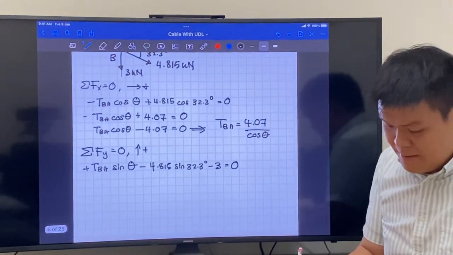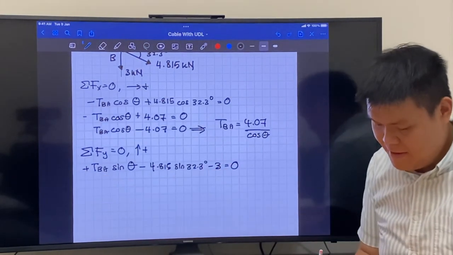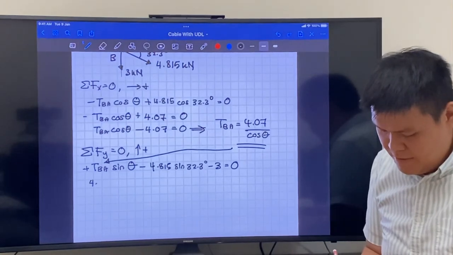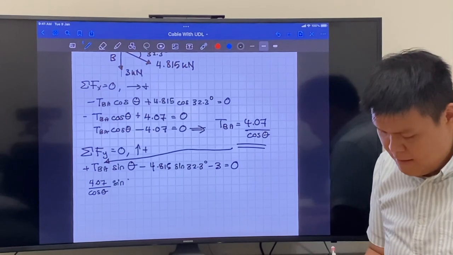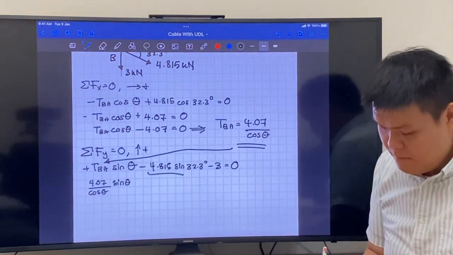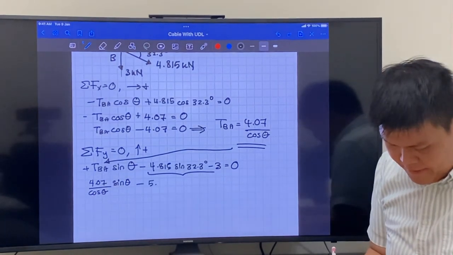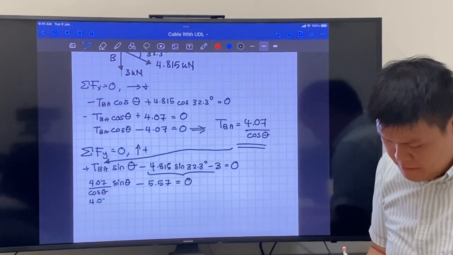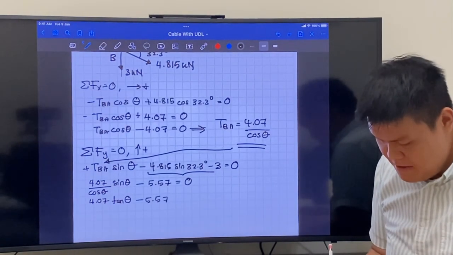Then we substitute this into TBA. So this here goes right here, 4.07 over cosine theta, sine theta. And this all becomes minus 5.57 equals 0. And of course, sine theta and cosine theta will become tangent of theta. Minus 5.57 equals 0.